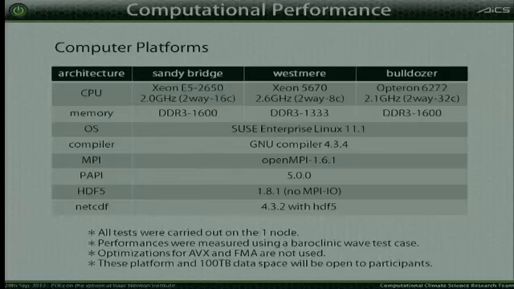And the operating system, compiler, and MPI libraries are all in a completely same environment. And all tests were carried out on one node. And performance was measured by using the baroclinic wave test case. And optimization for Sandy Bridge and Bulldozer, so AVX and FMA specialized optimizations, are not used in this case.